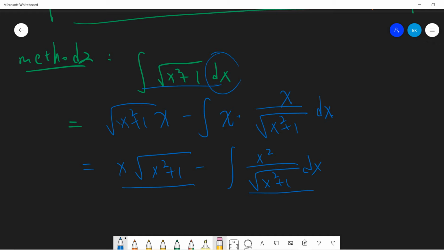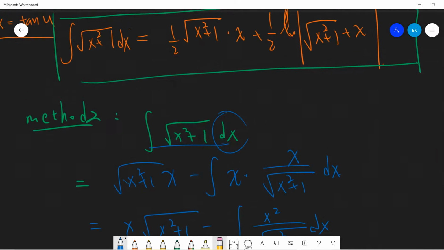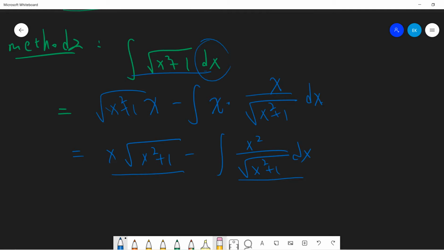So in order to get the same thing, you need to somehow try to solve this, right? But it's the same: if you define x to be tangent u, then this thing is tangent squared over secant, and the differential is secant squared du.